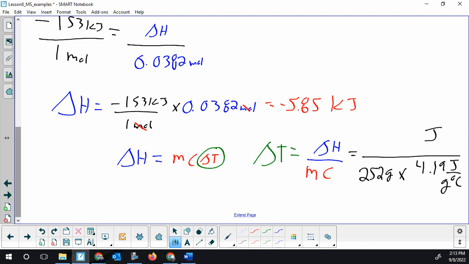So this is 5.85 kilojoules, 5.85 thousand joules. I have 5,850 joules. So I did a conversion there, which is a multiply by 1,000 to get rid of the kilo and go down to joules.